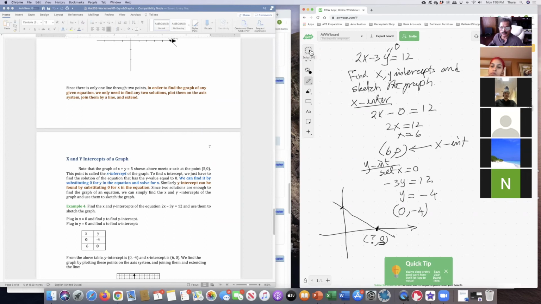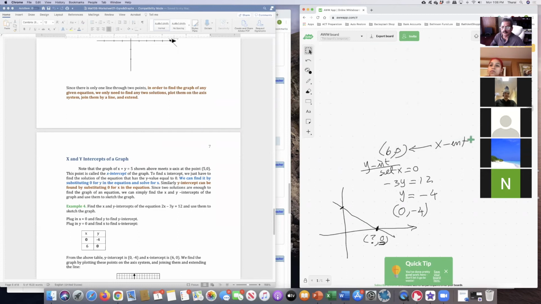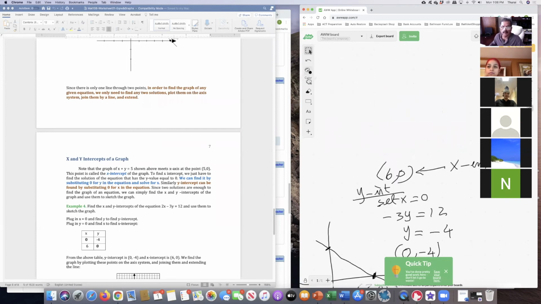And so the third part of the question is sketch the graph of the equation. So we have x-intercept equal to 6, 0, y-intercept 0, negative 4. So draw the axes. 0, 6, 1, 2, 3, 4, 5, 6, and 0, negative 4.